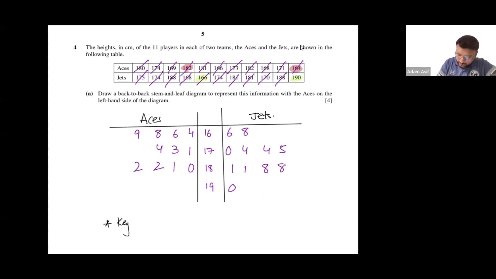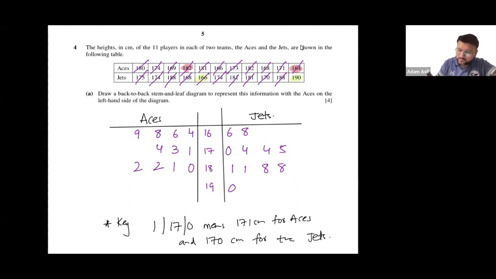So I'm going to say that 17 | 1 | 0 is what I'm trying to represent. It means 171 centimeter for aces and 170 centimeter height for the jets. Is the first part clear?